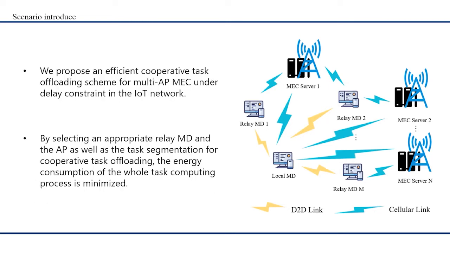We propose an efficient cooperative task offloading scheme from multiple asset point MEC under delay constraint in the Internet of Things network. By selecting an appropriate relay mobile device and the asset point, as well as the task segmentation for cooperative task offloading, the energy consumption of the whole task computing process is minimized.